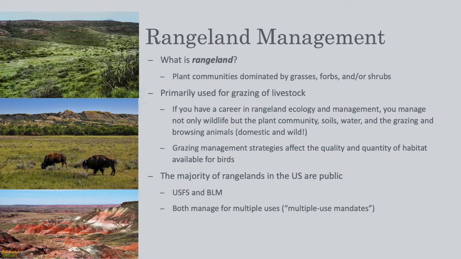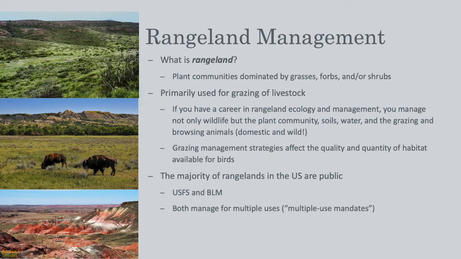Now, the grazing management strategies that are used to manage these livestock affect the quality and the quantity of habitat that's available for our game birds. And here in the US, the majority of our rangelands are public land, and they're administered by the US Forest Service as well as the Bureau of Land Management.